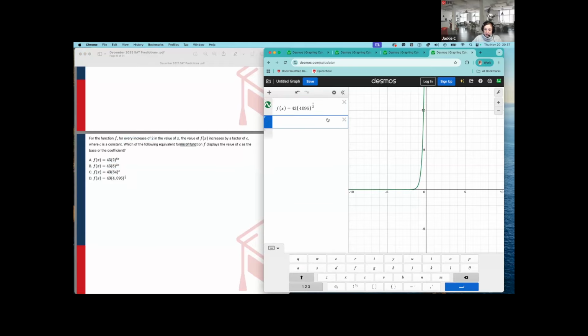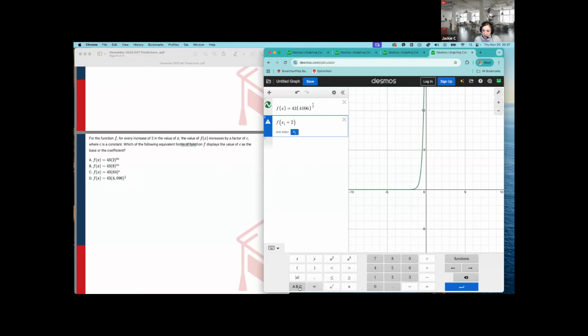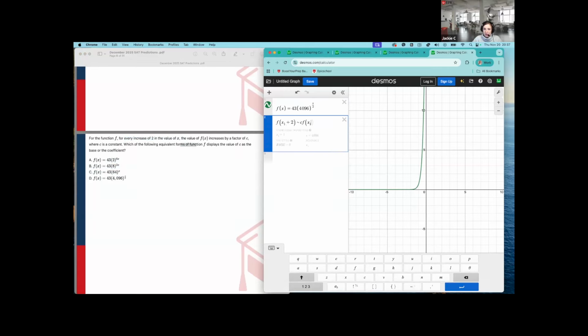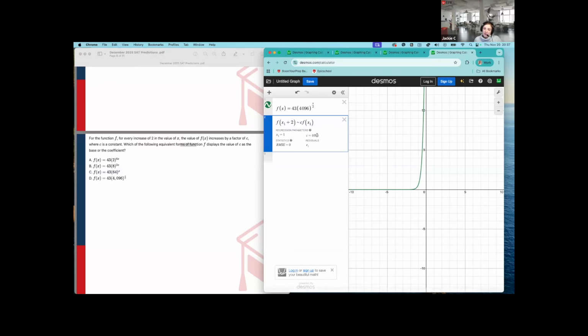And then for every increase of 2, tilde symbol, c, f of x of 1, and you see it will still say 4,096. So it doesn't really matter. For every increase of 2, it's always going to stay at c as a constant of 4,096, and that's going to be our answer.